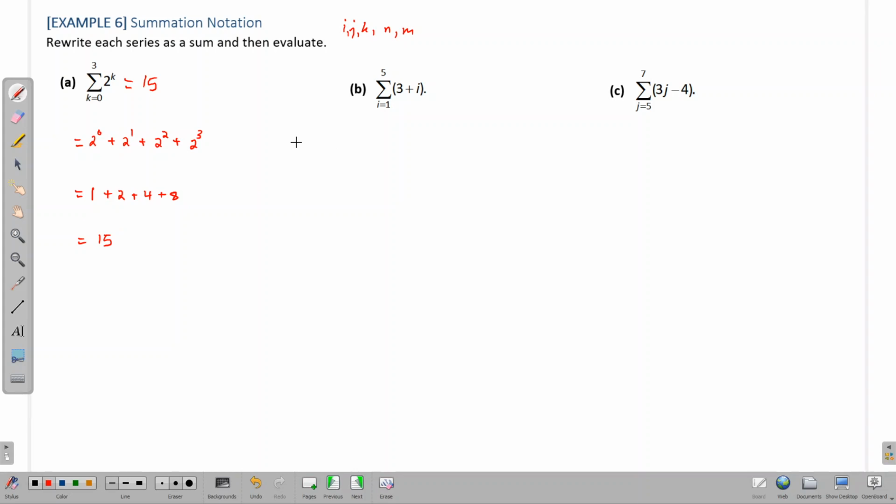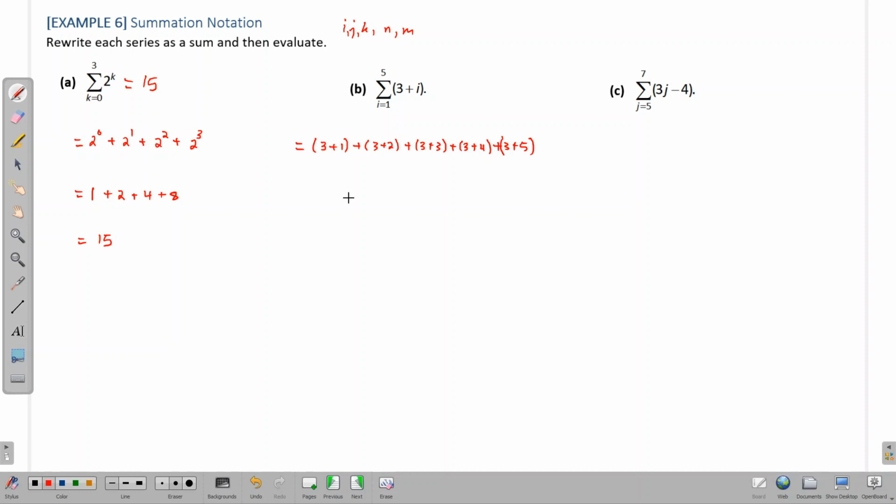All right, let's try the next one. Okay, so the first term is 3 plus 1. Notice this index starts at 1, where the previous one started at 0. Your lower limit can start at anything. So we've got 3 plus 1 is the first one, then 3 plus 2, plus 3 plus 3, plus 3 plus 4, plus 3 plus 5.